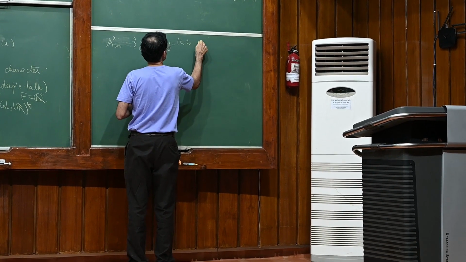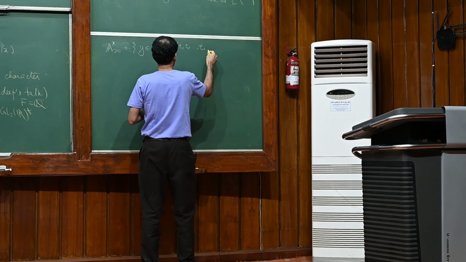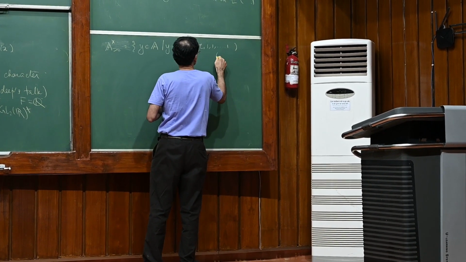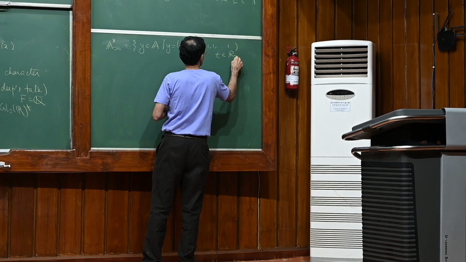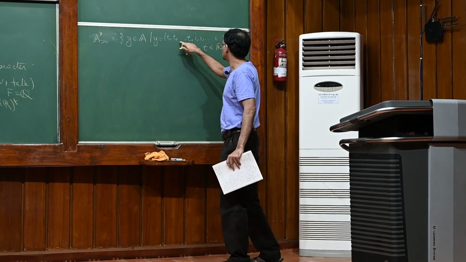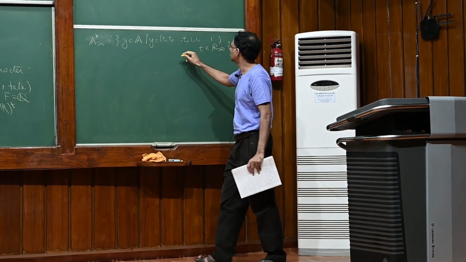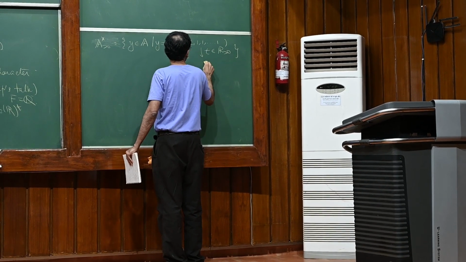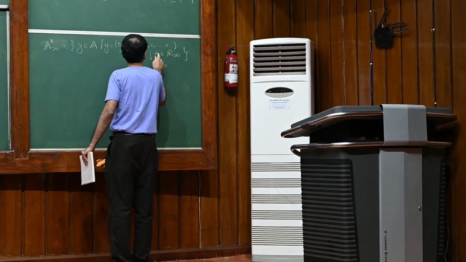I'm telling you what this subgroup of the ideles is: t in R greater than 0. So let's look at all ideles of this form. You simply have the same t sitting at all the Archimedean places, and at the non-Archimedean places, it's simply 1.